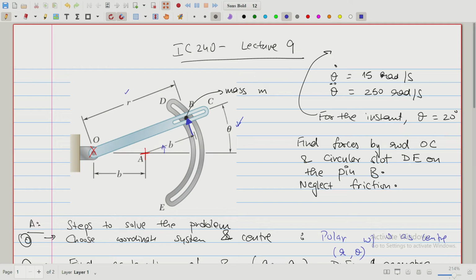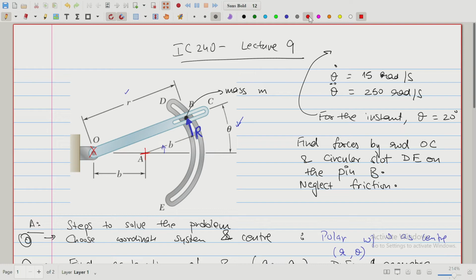I mean, the direction could be wrong. That's okay. We will get a negative answer. So let me call this R. That's the force because of the rod R. Now what about the force because of the channel? Because the pin is also moving in the channel.